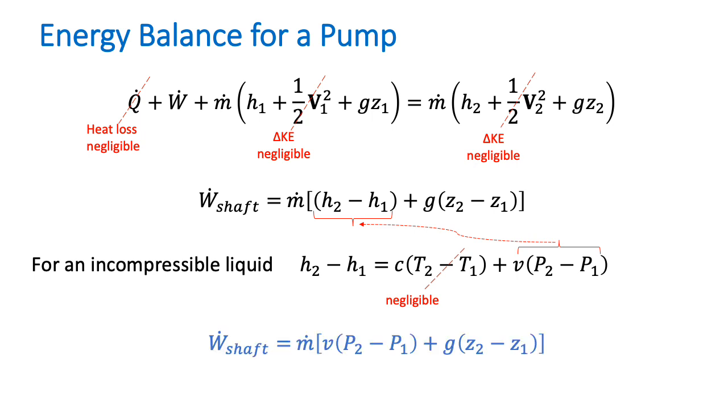So the shaft work is equal to m dot [V (P2 minus P1) plus g (Z2 minus Z1)]. So if we supply work to a pump, it can go into either increasing the pressure, P2 minus P1, or it can go to lifting the liquid up from Z1 to Z2.